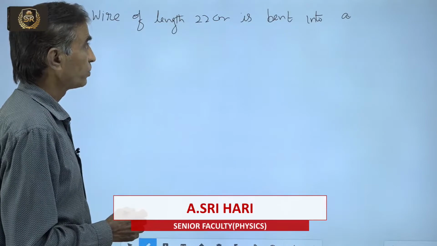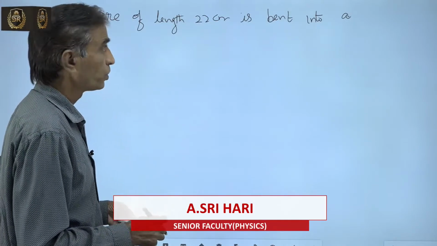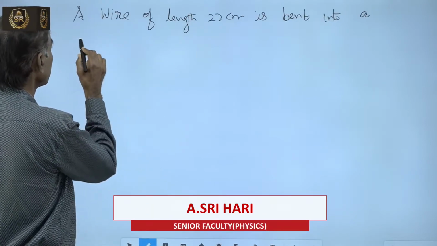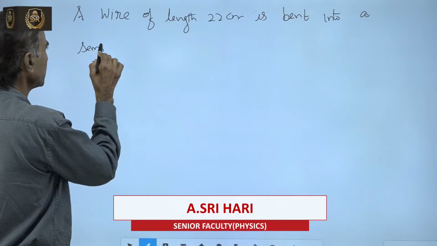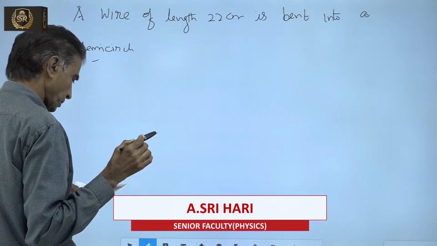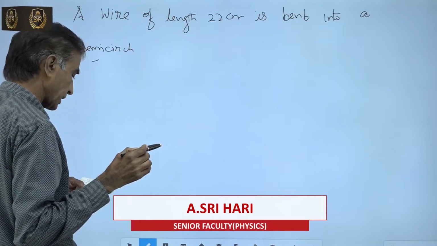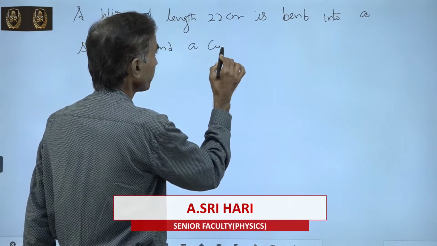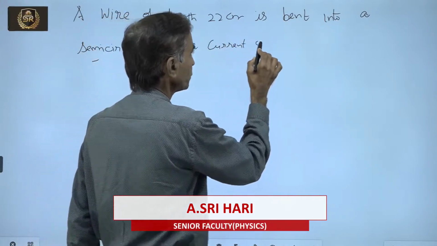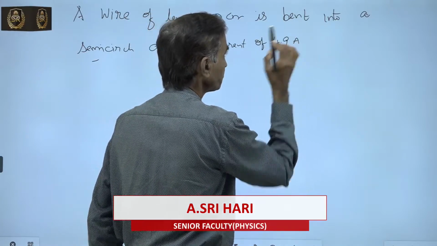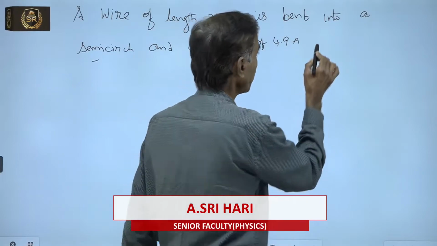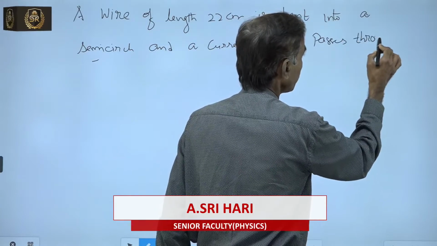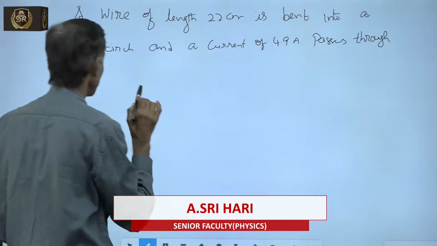A wire of length 22 centimeter is bent into a semicircle and a current of 4.9 ampere passes through it.